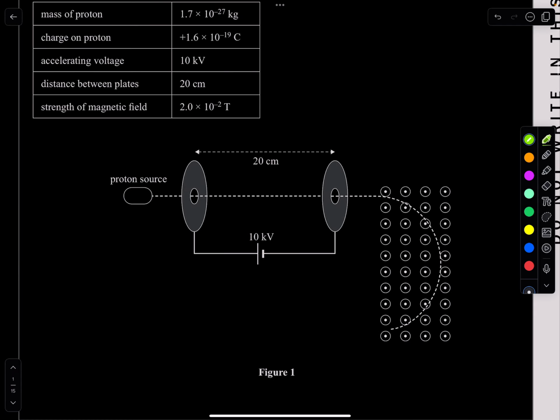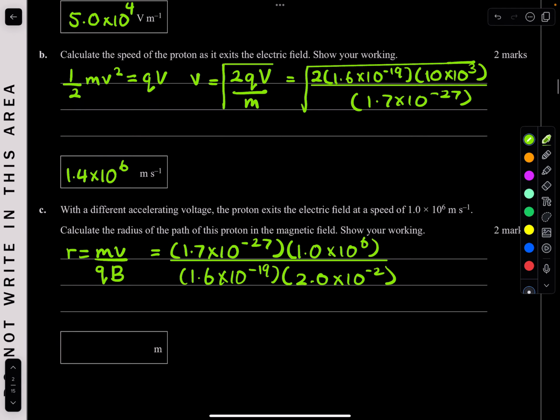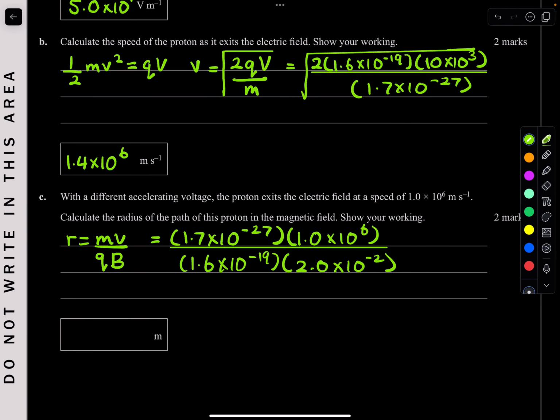I'll double check that. That's it. So putting this in your calculator, you should get your radius. Making sure everything's right in the calculator.